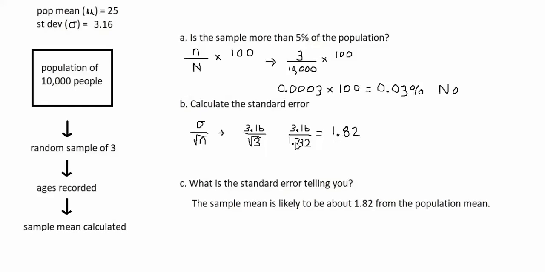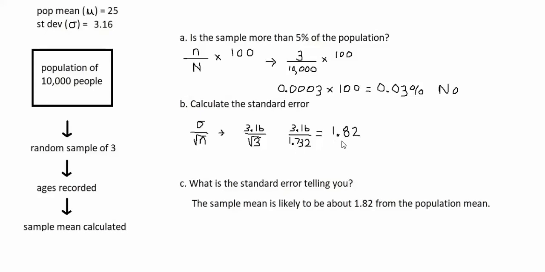The square root of 3 is 1.732, and 3.16 divided by 1.732 is 1.82, rounded. So what we would say now is the sample mean is likely to be about 1.82 from the population mean. So we're using the same interpretation, but with a different standard error, a different answer.